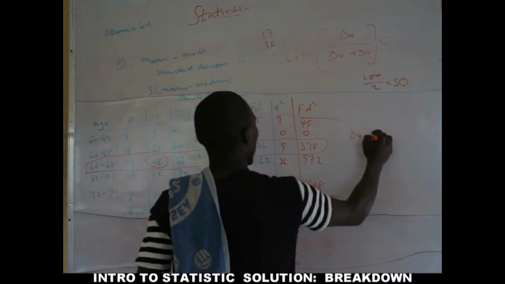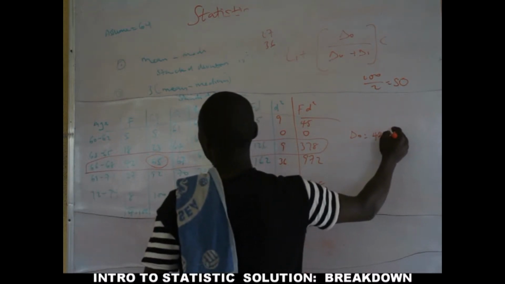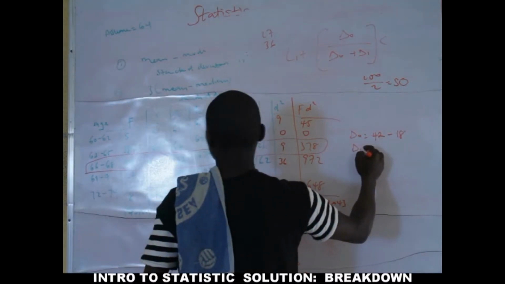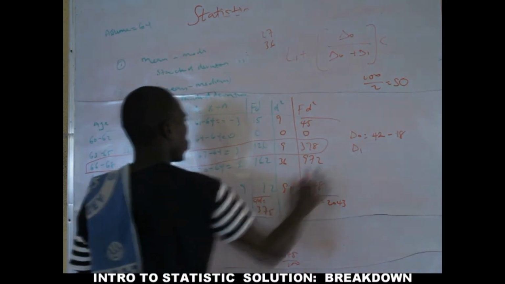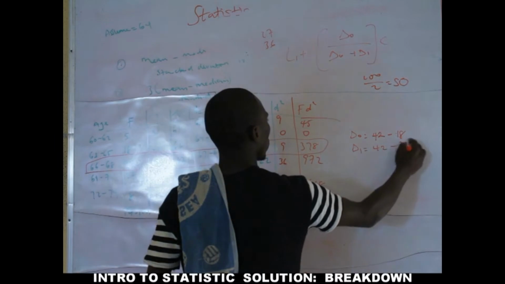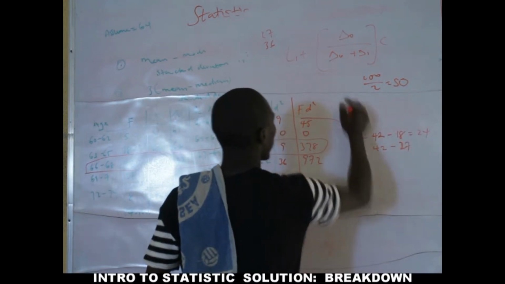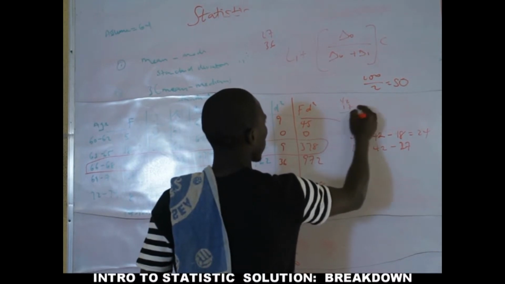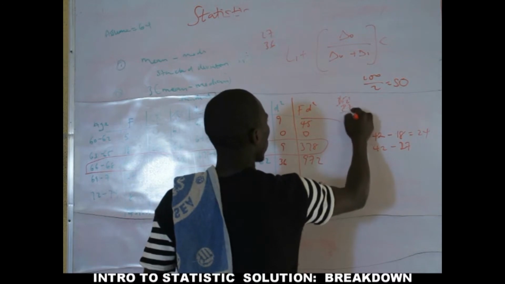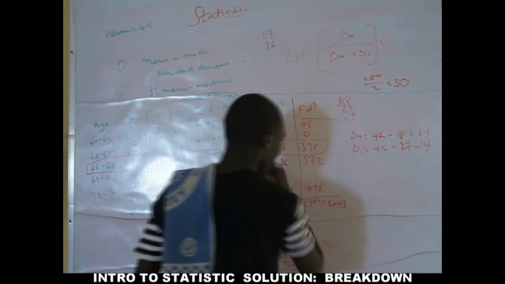Our frequency is 42, minus the frequency before the modal class, which is 18, giving 24. For D1, 42, minus the number after the modal class, which is 27. 42 minus 27 gives 15... that is, D1 is 14.